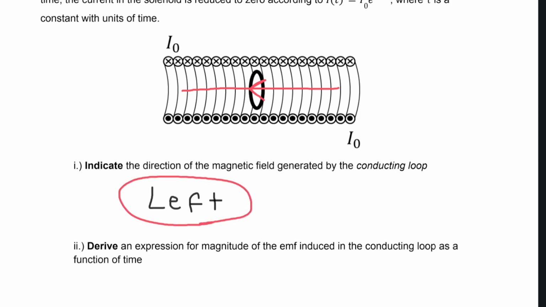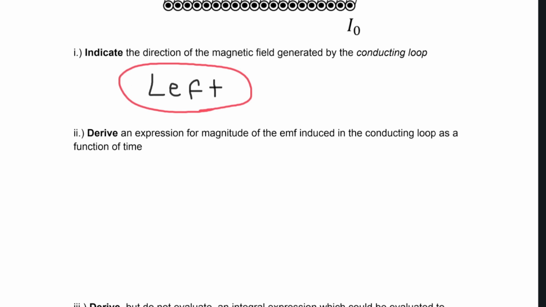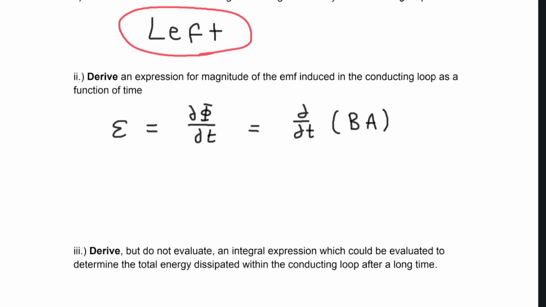Then derive an expression for the magnitude of the EMF induced. The EMF is the flux change, and once again our area is not changing, so we're taking the derivative of the magnetic field, which is mu naught n times I of t, which is varying, times pi a squared for our little conducting loop.